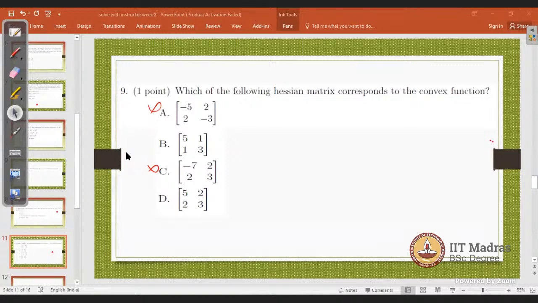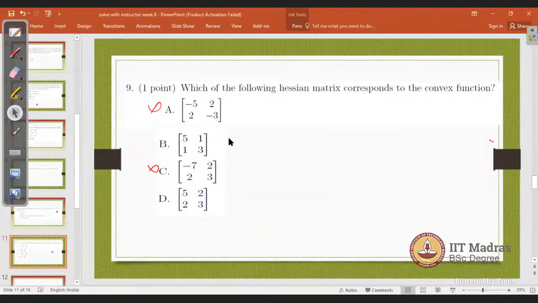Okay, so I think, is anyone still left or would like to try this question? Okay, medium class. I think all of you are ready to go, or I should solve this one. These two conditions were there. In options A and C, your first value is negative, so obviously it can't be the correct answer.